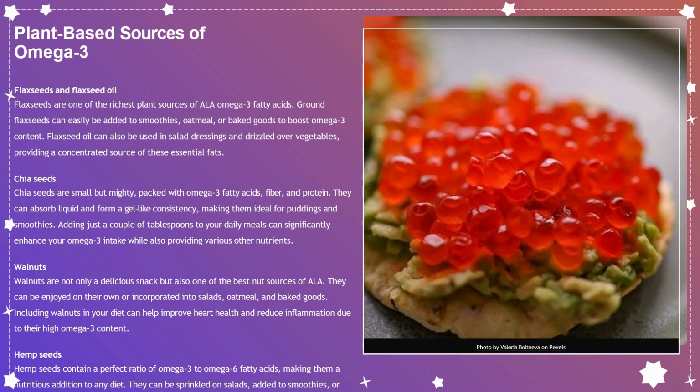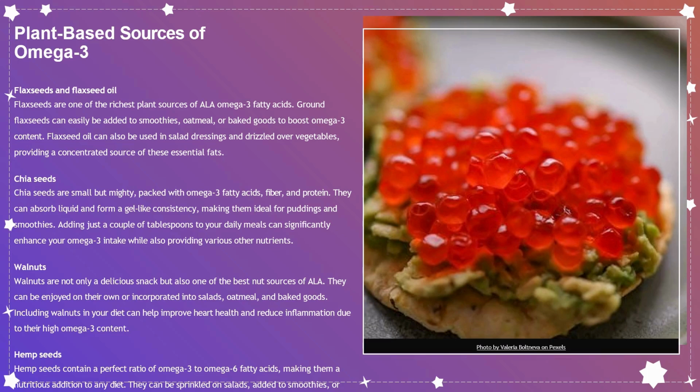Understanding the difference between these sources is essential, especially for those of you following a vegetarian or vegan diet. In the following slides, we will look closely at each of these sources.